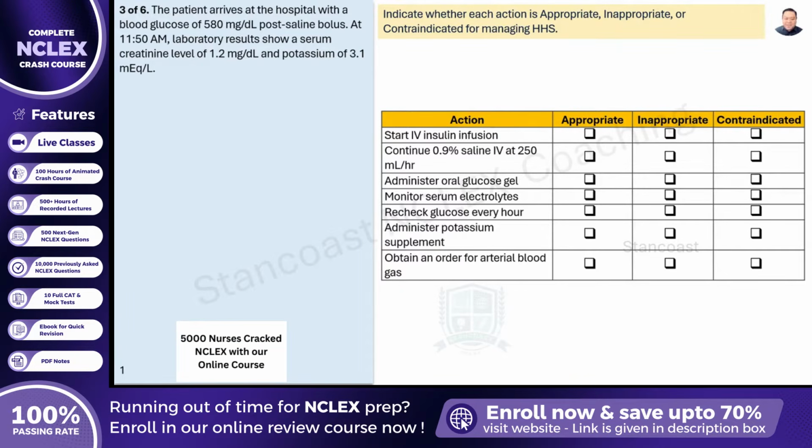Your task is to indicate whether each action is appropriate, inappropriate, or contraindicated for managing HHS. So you already see the matrix.